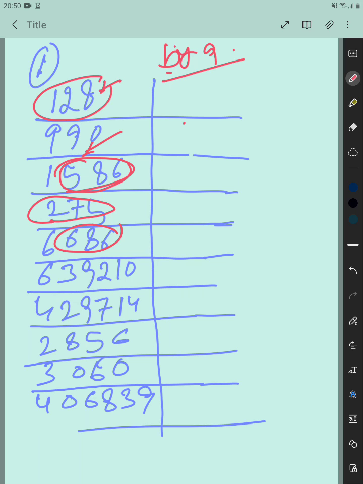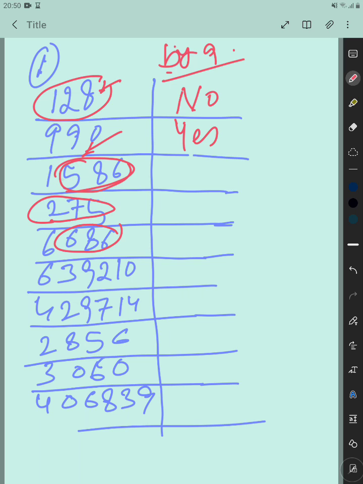Okay, simple as that. So for the first number, 8 plus 3 is 11, not divisible by 9, so no. 990, the sum is 18, that is divisible by 9, so yes.